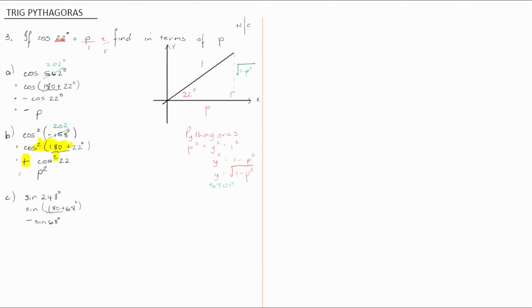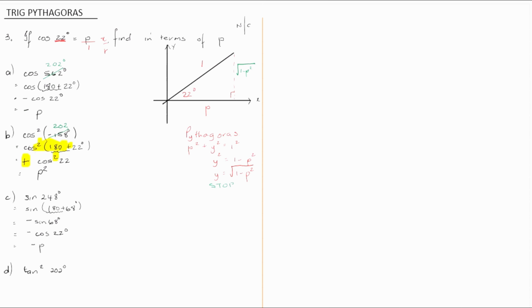And then I'm going to use a cofunction. Keep the negative. Sine changes to cos of 22 degrees. And that gives me negative p. So there's cofunctions coming in. Nothing difficult about that one.